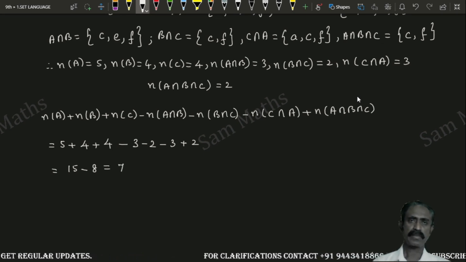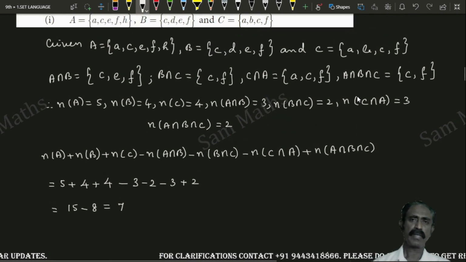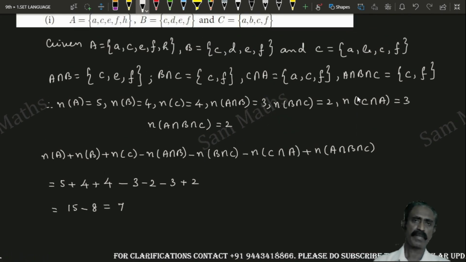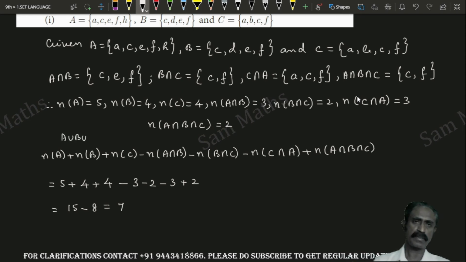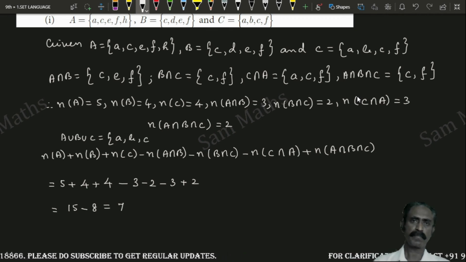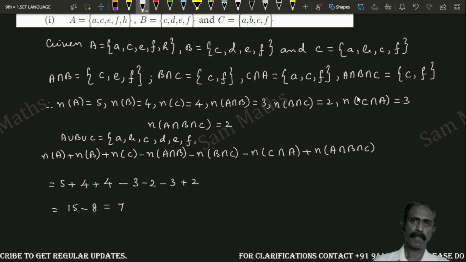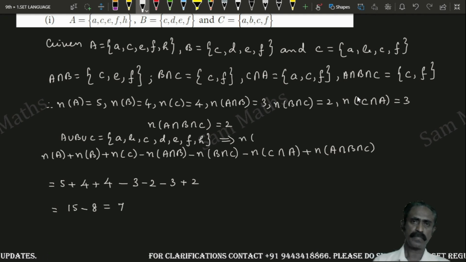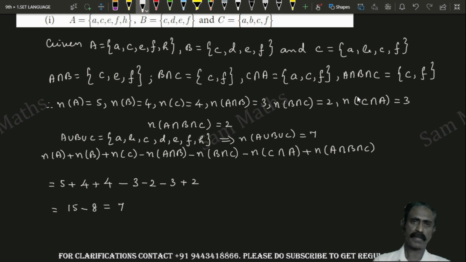Here actually we didn't find A union B union C. Also A union B union C is equal to, we have to put all the 3 sets together, that is A, B, C, D, E, F, H, which implies n of A union B union C is equal to 7.